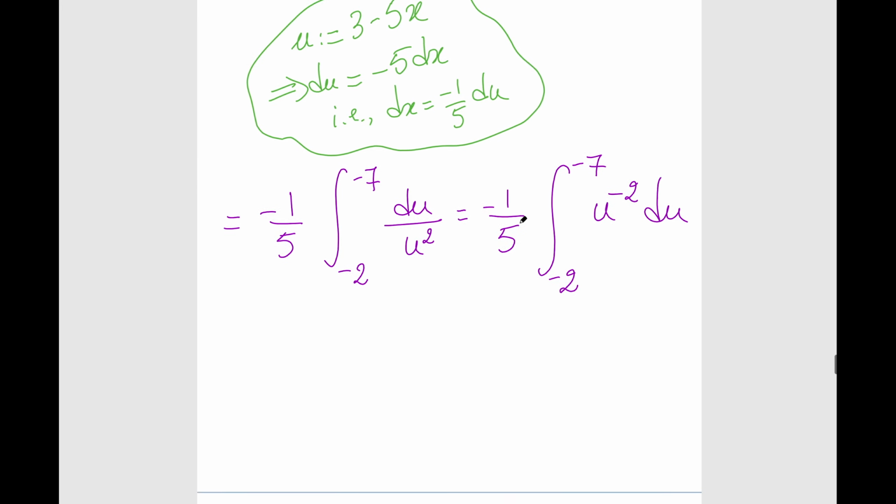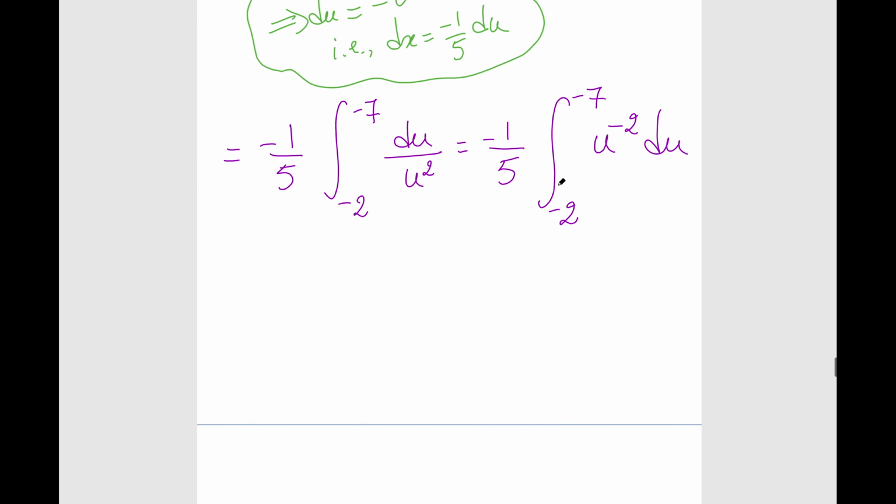All right, so where are we? So we're here. This is equal to, we can integrate, so minus 1 over 5. Let's integrate u to the power negative 2. We're still talking about that primitive.